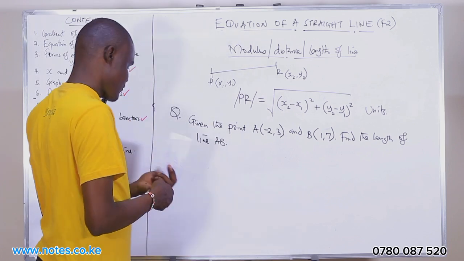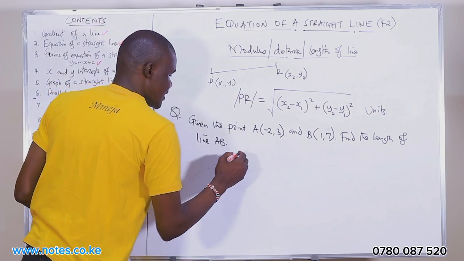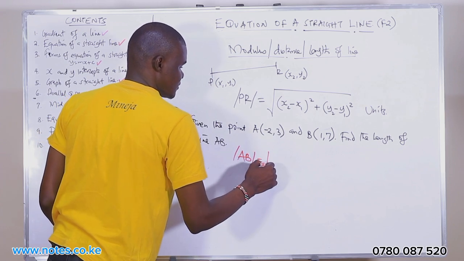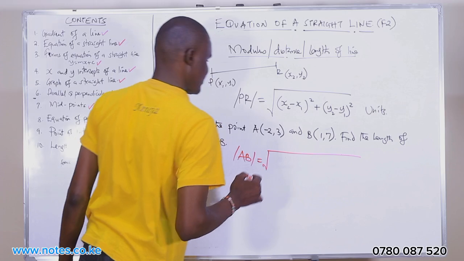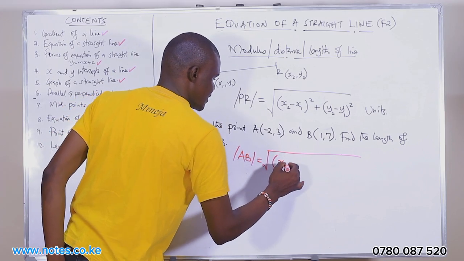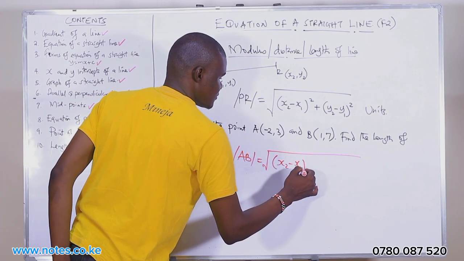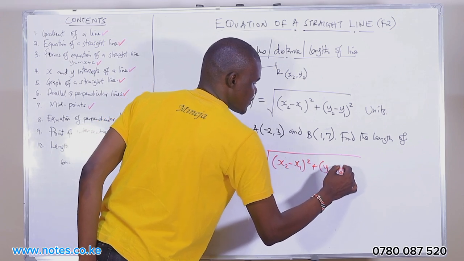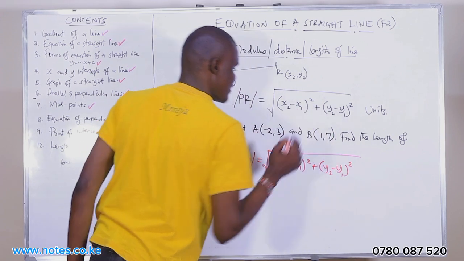Simple, just write the formula. When I want to get the modulus of AB, I'll be required to get the square root of x2 minus x1 squared plus y2 minus y1 squared.